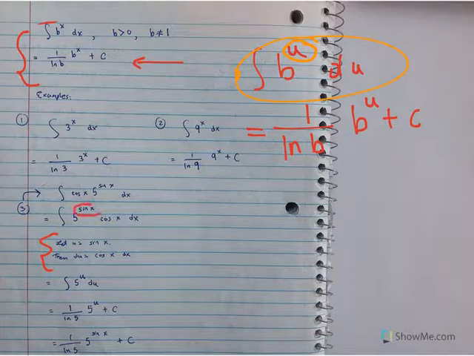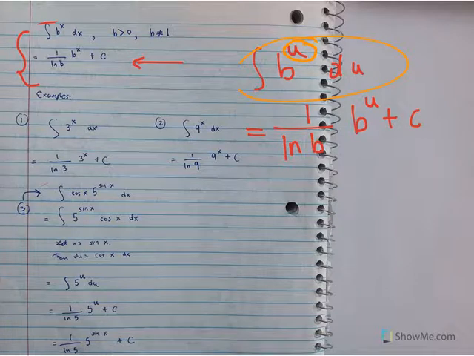We use our substitution. In place of sine x, we're going to write u. So we have 5 to the u. And in place of cosine x dx, we're going to write du. So we have 5 to the u du. That fits this form exactly, and we're just going to apply the integration rule.